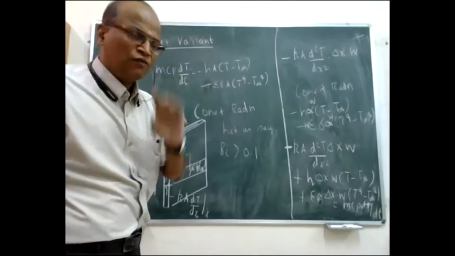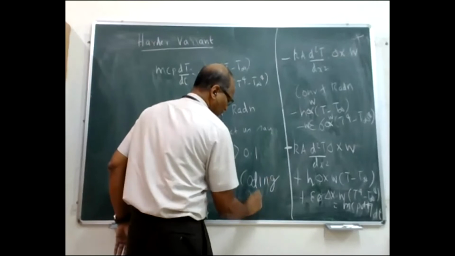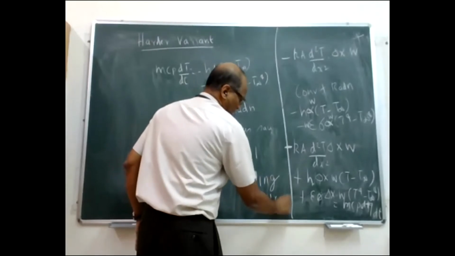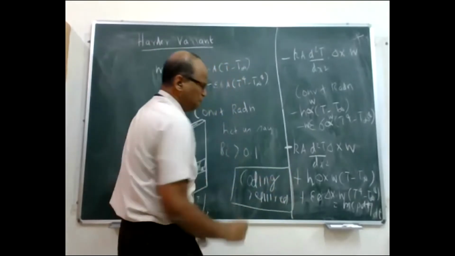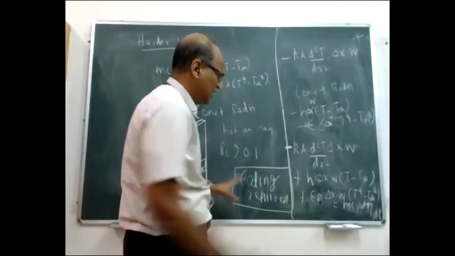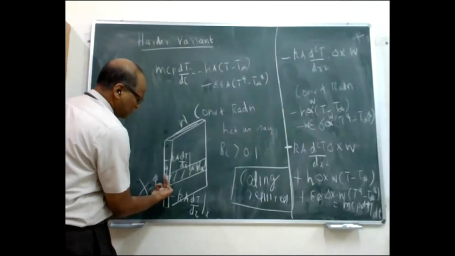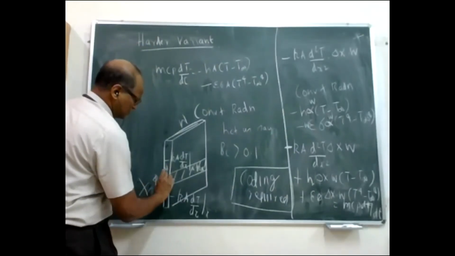So for this, the forward model coding is required. I'm doing it very fast. Just don't take it as biblical truth. I might have made some small mistake, but the flow should be fine. What I'm saying is, what is the heat entering and leaving this elemental slice?